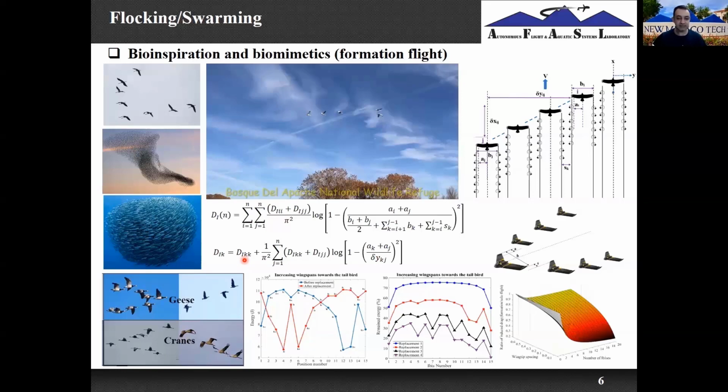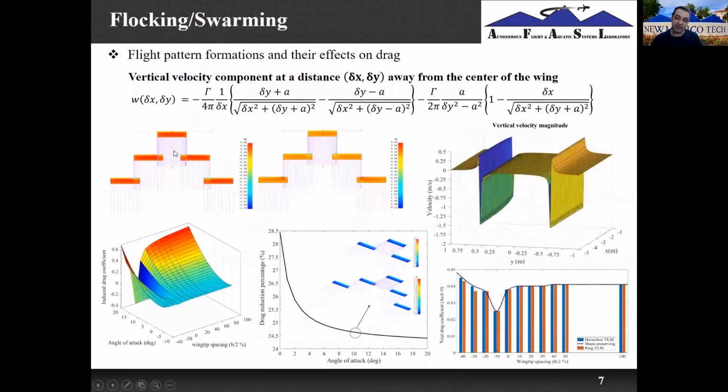Due to this, as aerospace or mechanical engineers, we are looking at this phenomenon to see how we can take advantage of it in the design of aircraft or drones. This is another experiment that we have done.